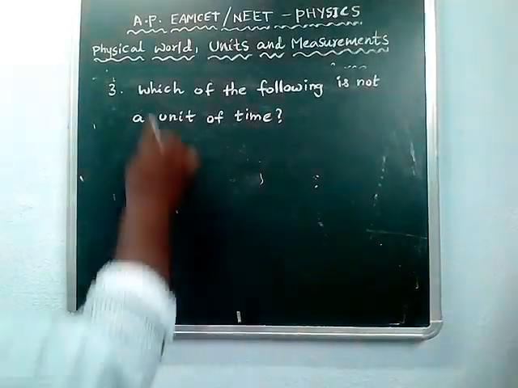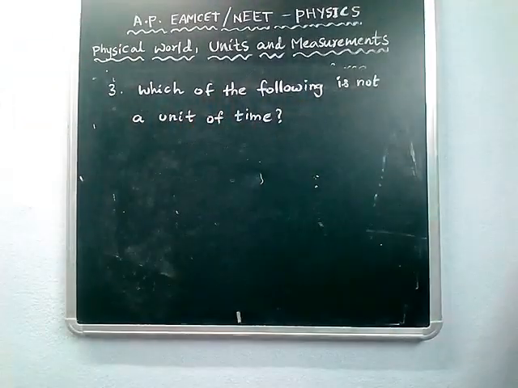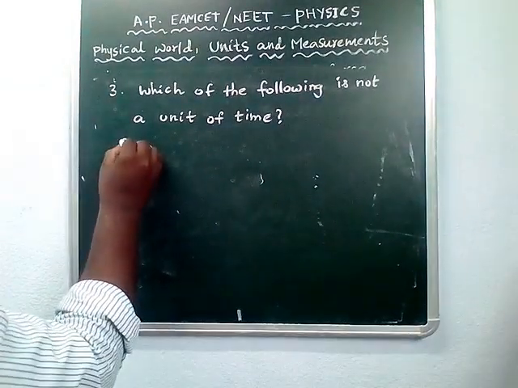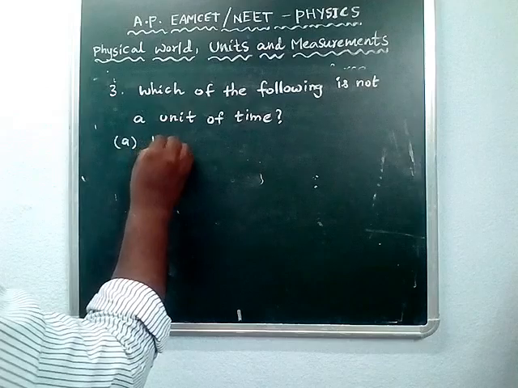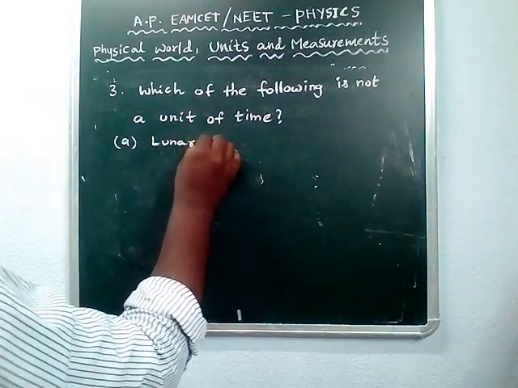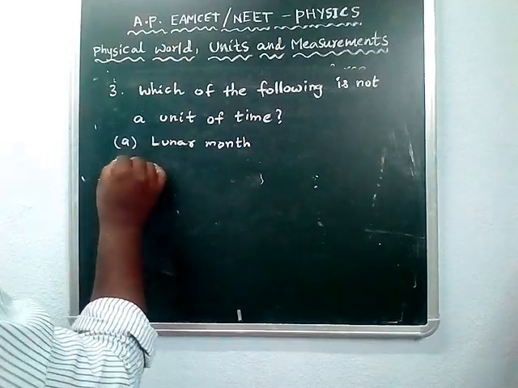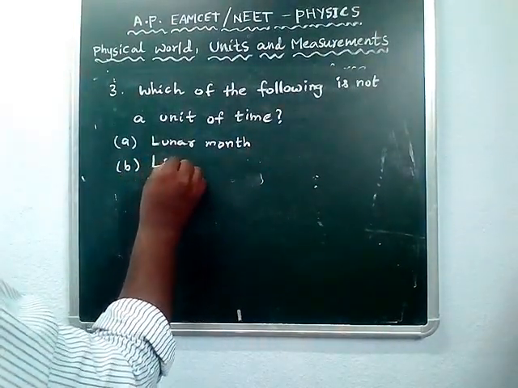Here, option A is a lunar month. Option B, light year.